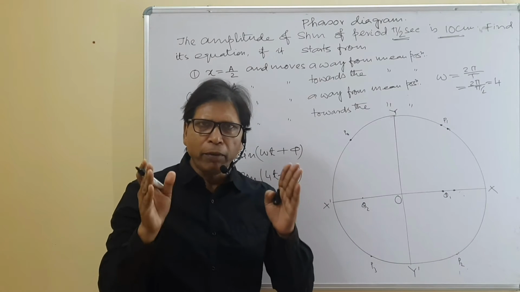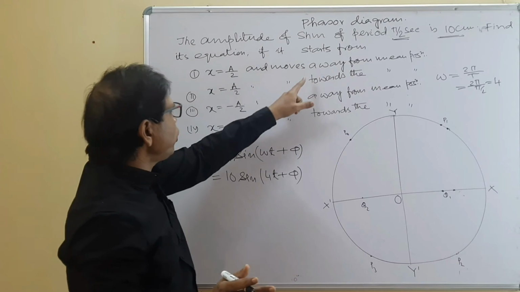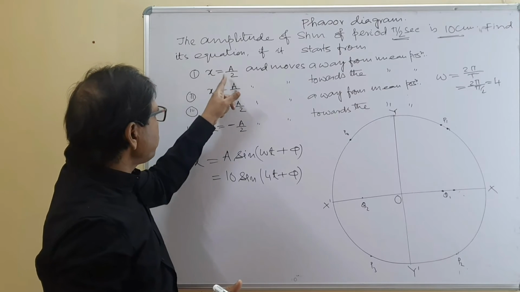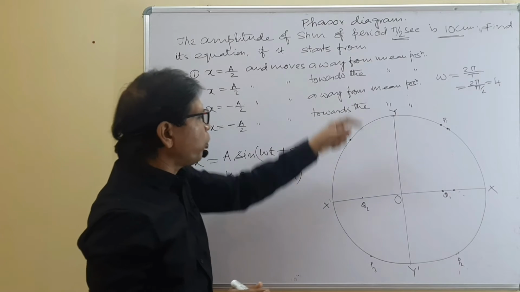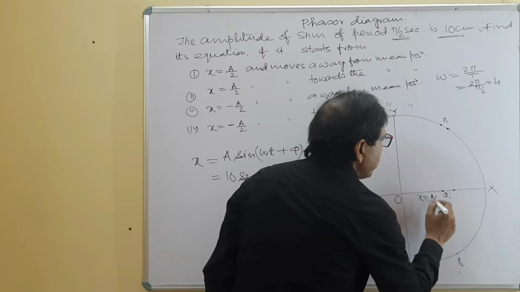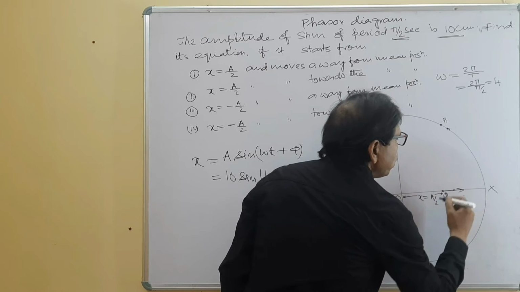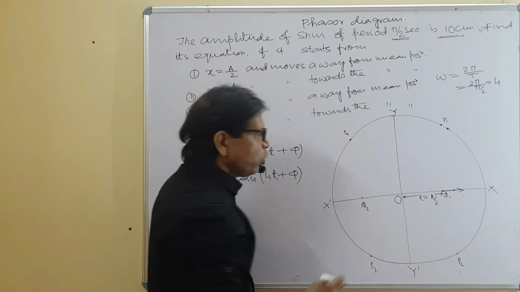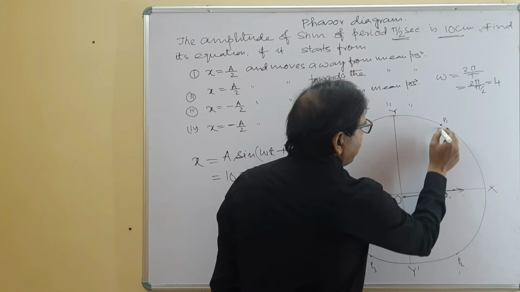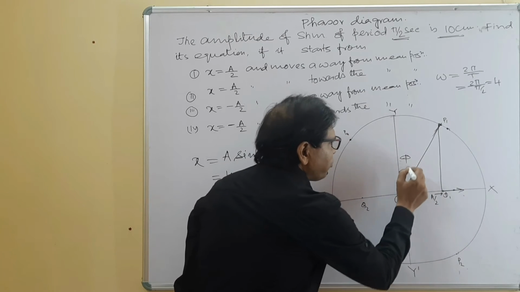Here phi is the initial phase of the SHM, and it will be different for different cases. Look at the first problem: when the particle starts from x equals a by 2 and moves away from the mean position, the instantaneous position of the particle is this, and this is the initial phase phi.